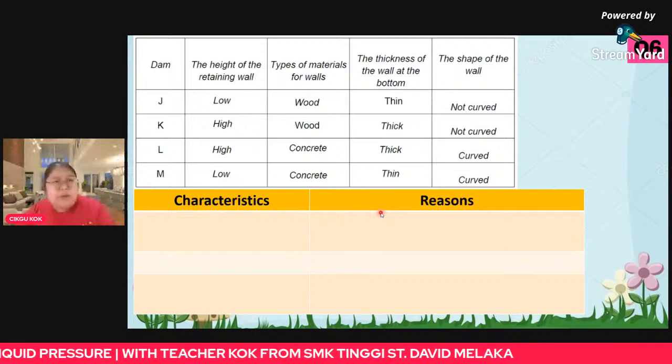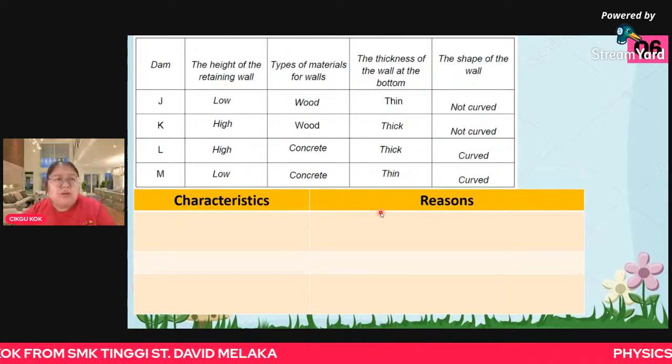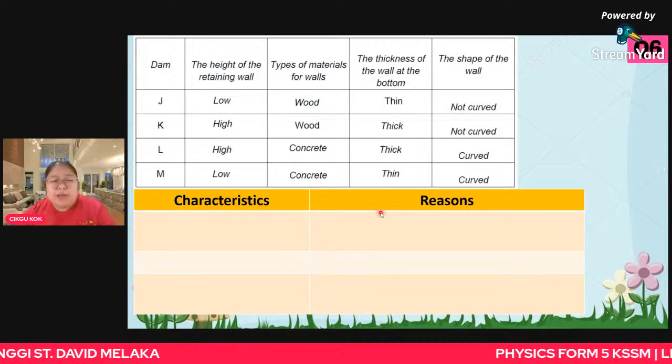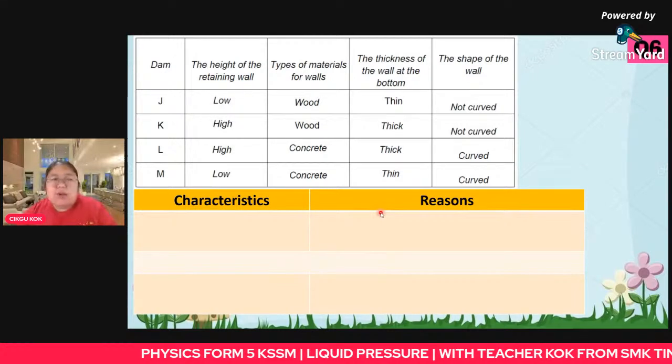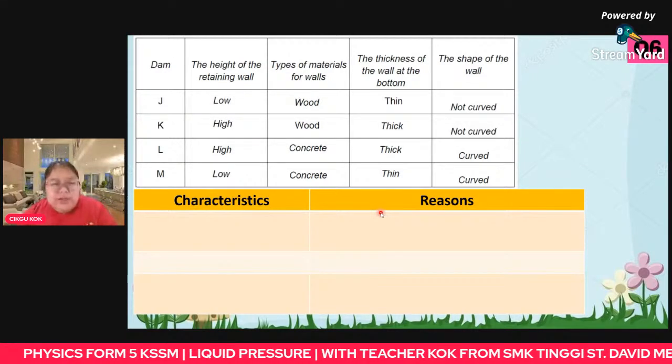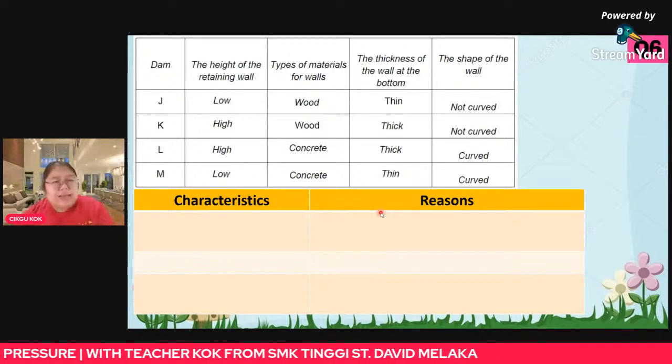If you write in table form, it is easy to find your answer. Remember, this is not your BM, not your BI, where we need to find the paragraph first. We don't have any paragraphs like this. We just write in table form, which makes it easier to get the answer and easy to explain.